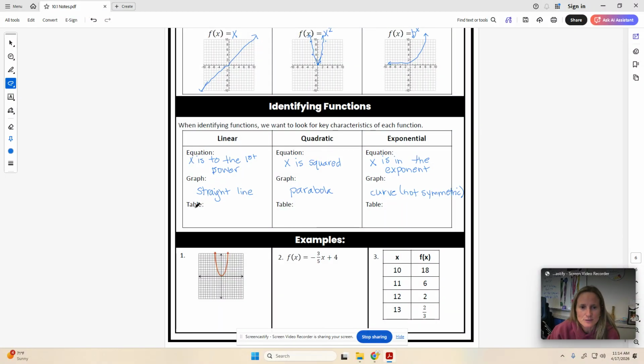So for the table, if I'm looking at a table of values, as the x value changes in the same increments, we're going to notice that the y values increase by the same amount also.